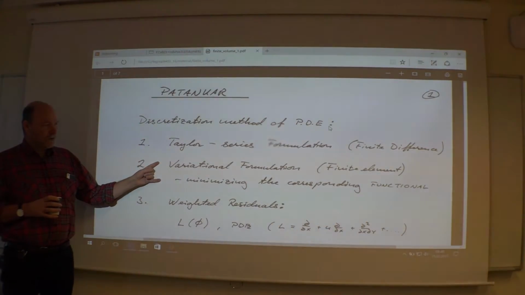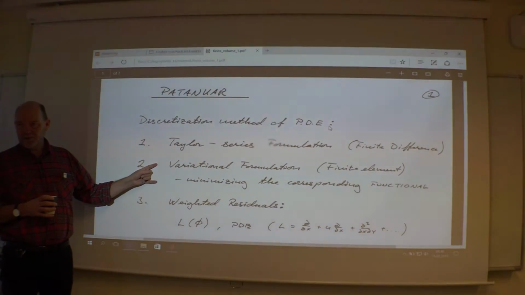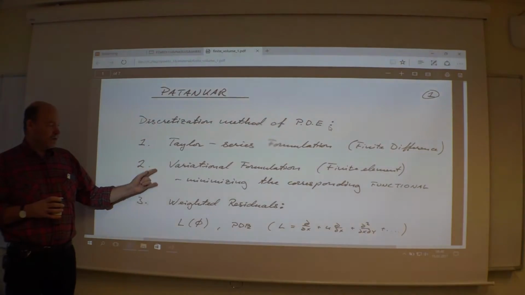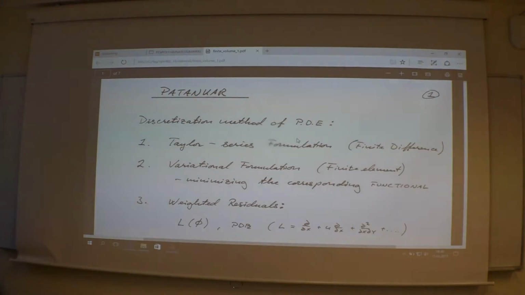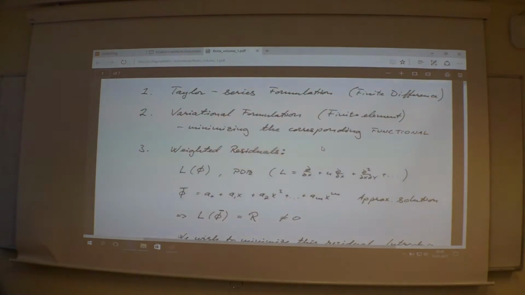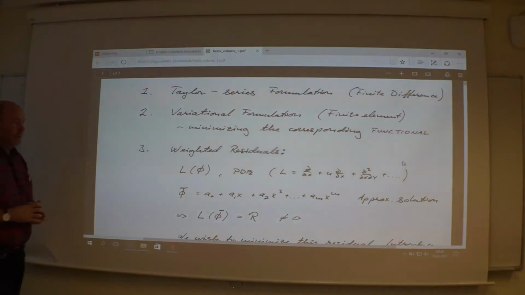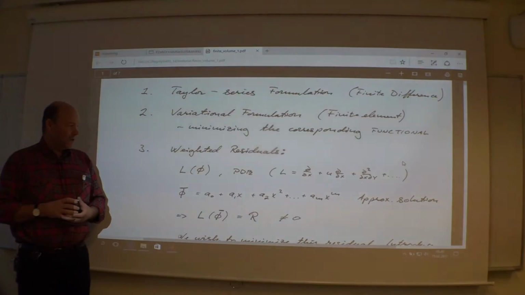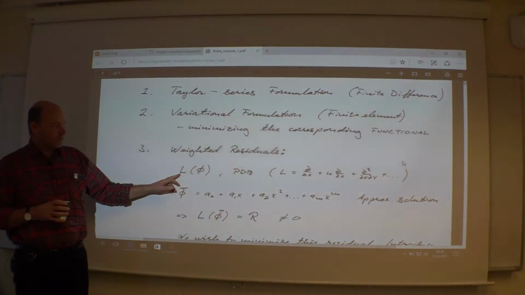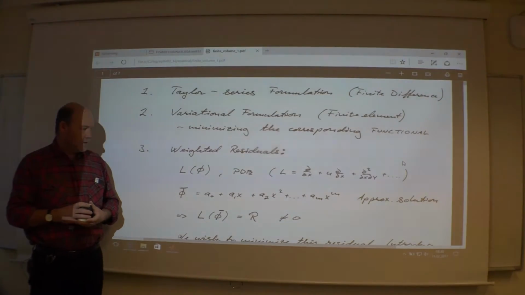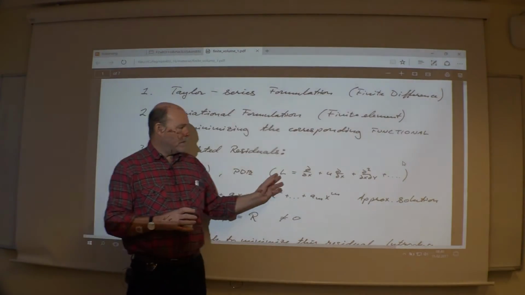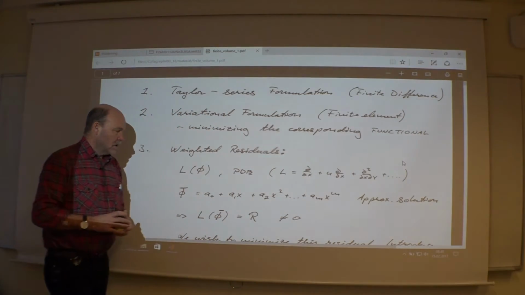Now, engineers, they didn't like math, so they didn't use this approach at all. But you still get the same equation in the end by using the weighted residual. So weighted residual, sort of a large family, including what I will call both finite volume and finite element. So the philosophy goes as follows. You have an operator on your unknown, whatever, pressure, velocity, and the operator, that's your partial differential equation.